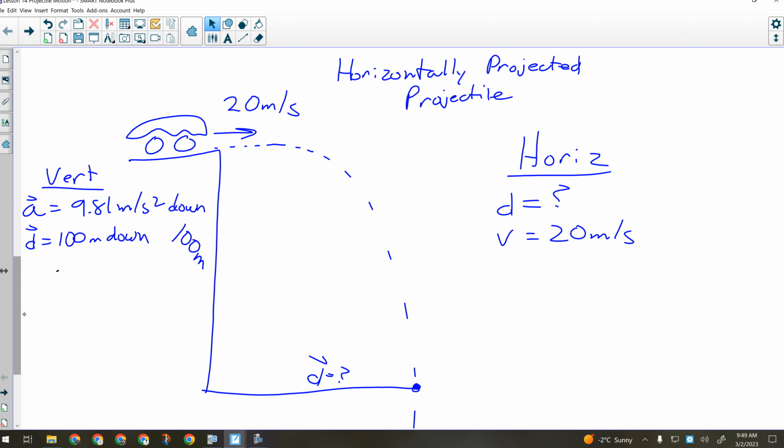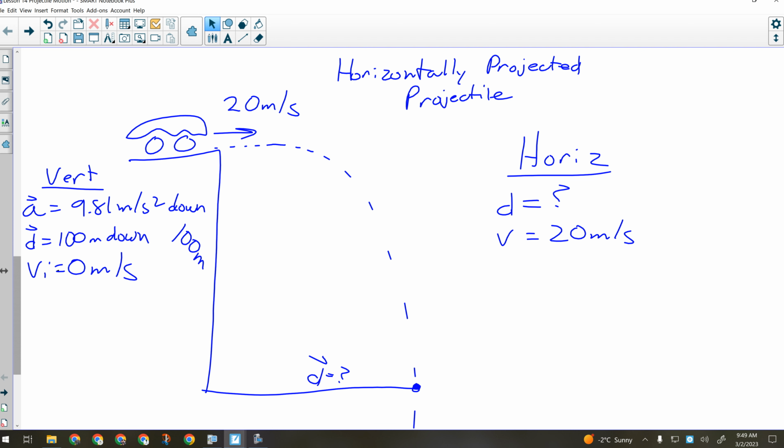The 20 meters per second is horizontal, right? It's not moving vertically at 20 meters per second. Zero? Zero. That's the trick. That's what people forget when they're doing a horizontally projected projectile. They forget that it wasn't moving vertically at time 0. It drove horizontally off the cliff. So VI is 0 meters per second.